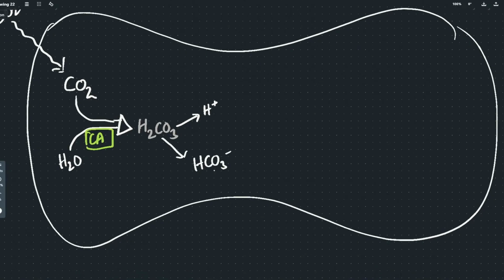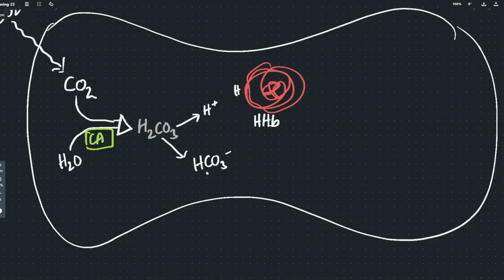If this HCO3 negative continues to accumulate, and this H positive also continues to accumulate, this reaction will stop. So this H positive is quickly picked up by the imidazole ring of the hemoglobin. It will bind with the imidazole ring, and this will become HHb. Right? And this HCO3 will go out of the cell.